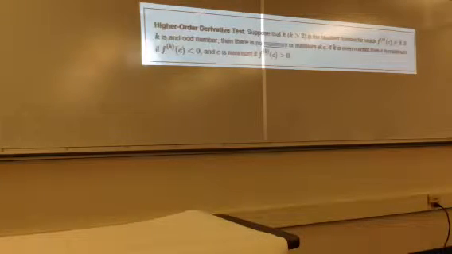If you're interested in it, I did just explain it to you, and you can use it. But what we're going to stick with is, if the second derivative test doesn't work, we're going to pop back to the first derivative test.